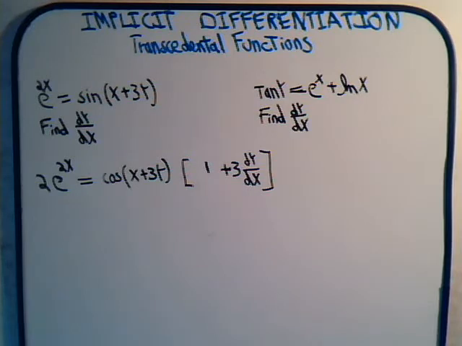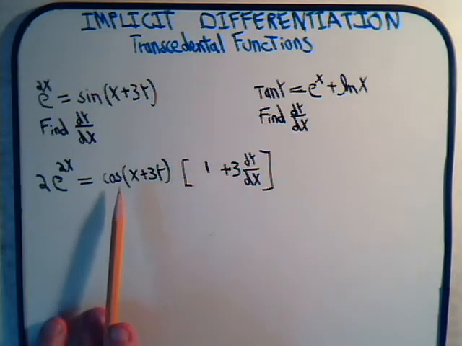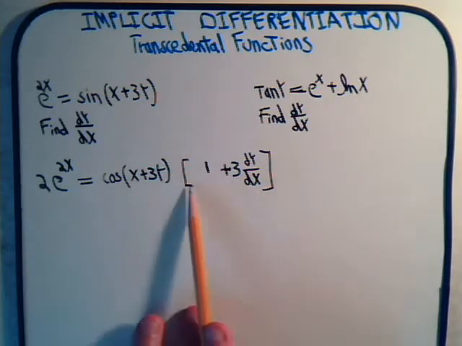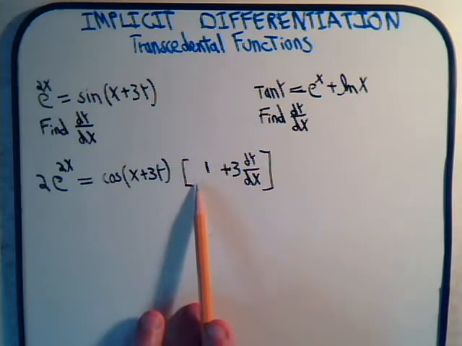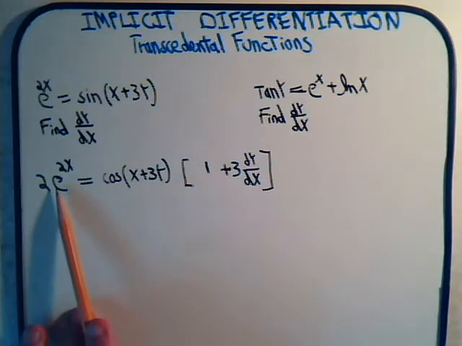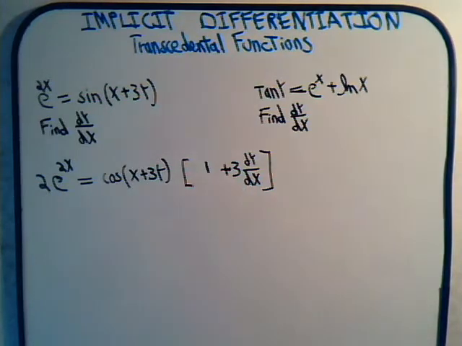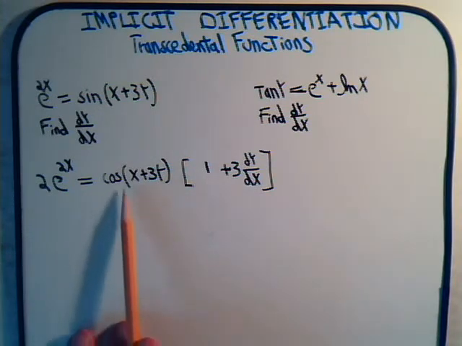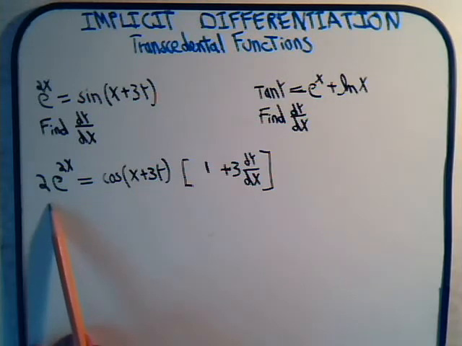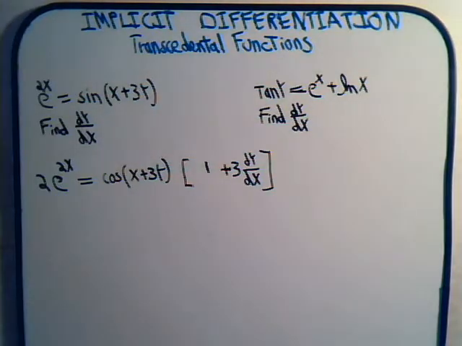Okay, so we have then that the cosine of x plus 3y times this expression here equals this. We want to solve the equation for dy/dx. So the first thing we can do is divide both sides of the equation by this and bring it over to here. But dividing by the cosine of x plus 3y, that's the same thing as multiplying by the secant of x plus 3y.